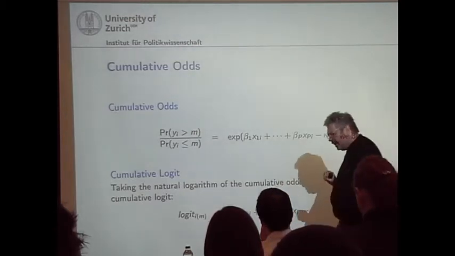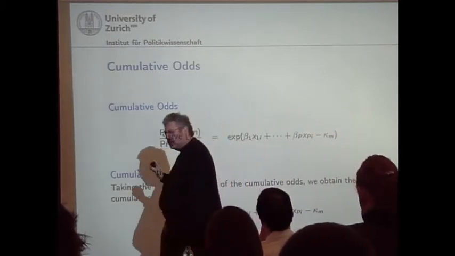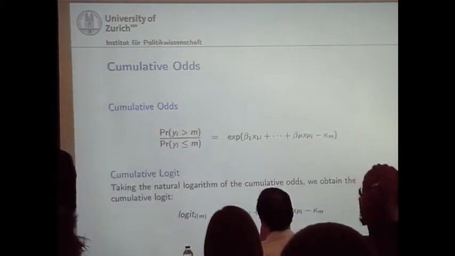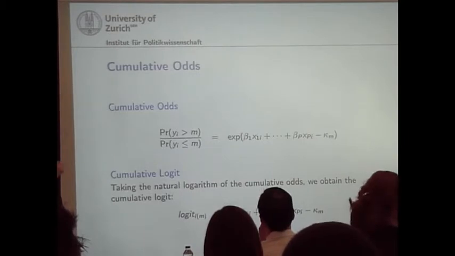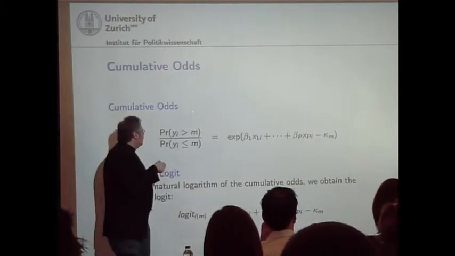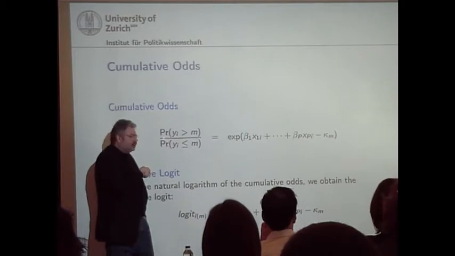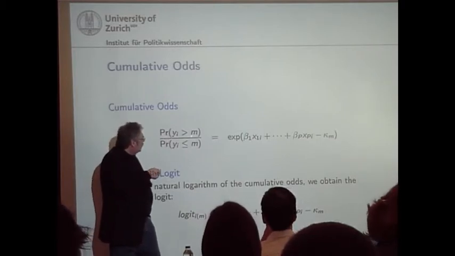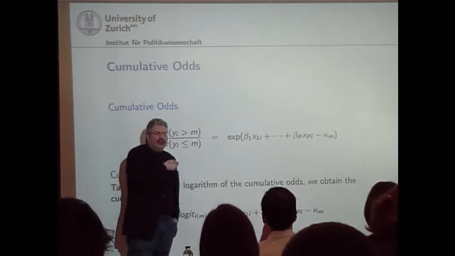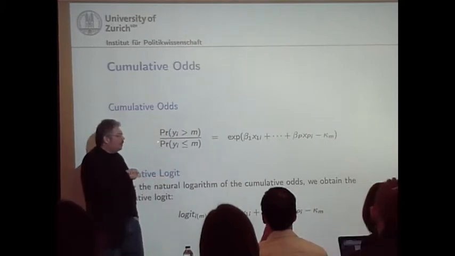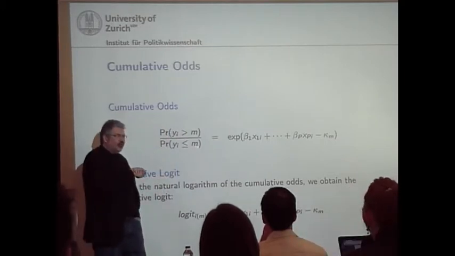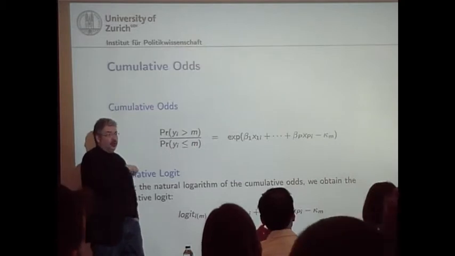Here what they tend to do is turn it into a cumulative odds ratio, and the cumulative odds is the probability of scoring greater than category m over the probability of scoring in category m or picking a smaller category.